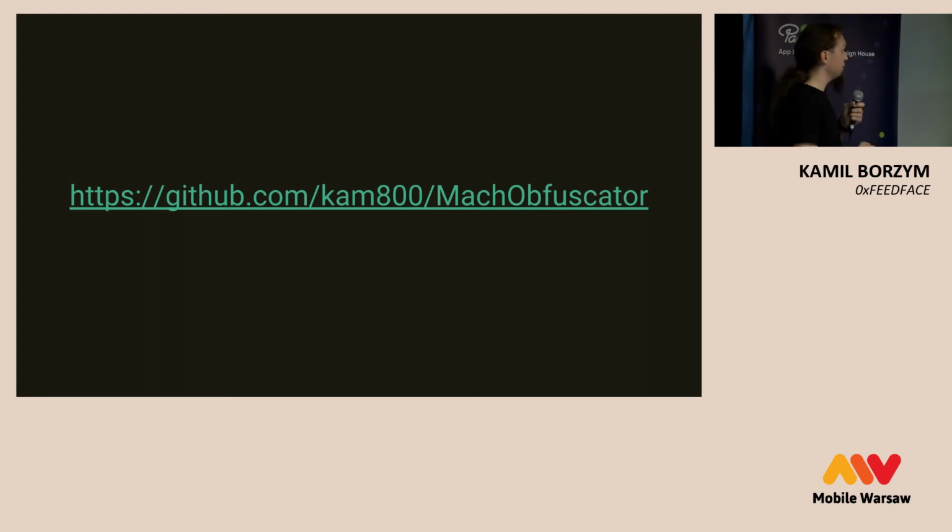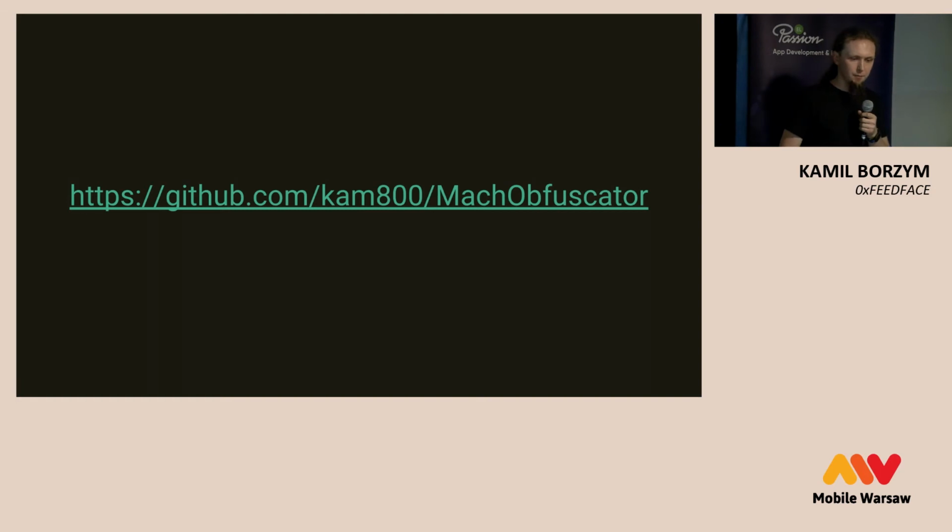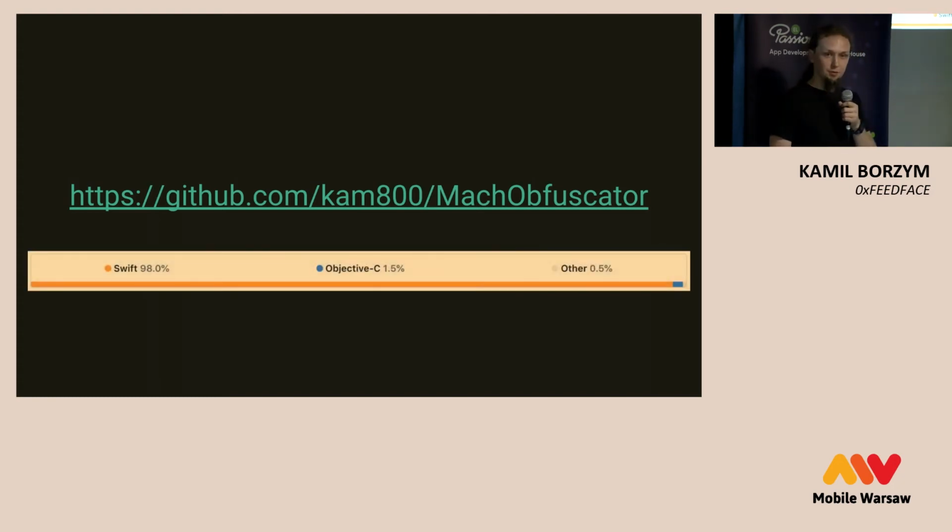And this URL contains the implementation of my idea. I encourage you to read the Readme. It contains a lot more details than I will be able to tell you tonight. And I encourage you to use it or to contribute. It is written in Swift. The Objective-C is only in unit tests, so don't worry.